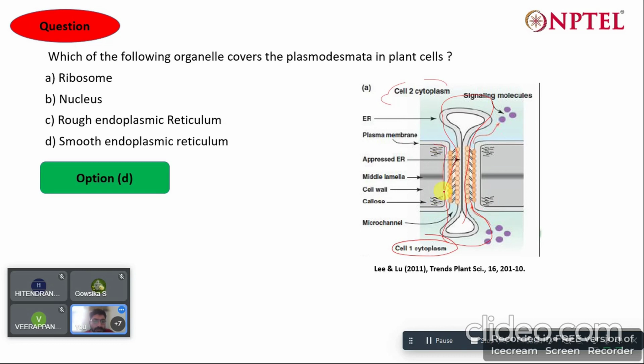Here there is a callose deposition that maintains the size exclusion limit of the plasmodesmata. Proteins formed in the reticulum can pass through this directly, or molecules that are small enough can pass through these spaces. Okay, so does anyone have any doubt in this?